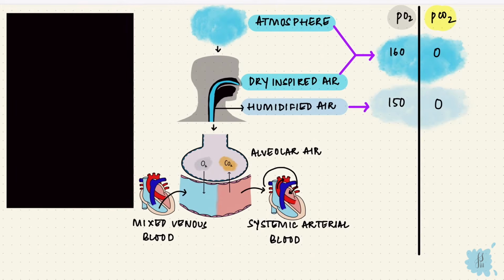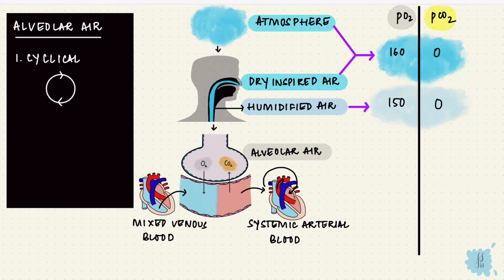In the alveoli, things change more. Not all the alveolar air gets replaced with the atmospheric air with every breath. It's cyclical, so the concentration of gas in the blood doesn't change suddenly, and there's better control over respiration to maintain blood oxygen and carbon dioxide.